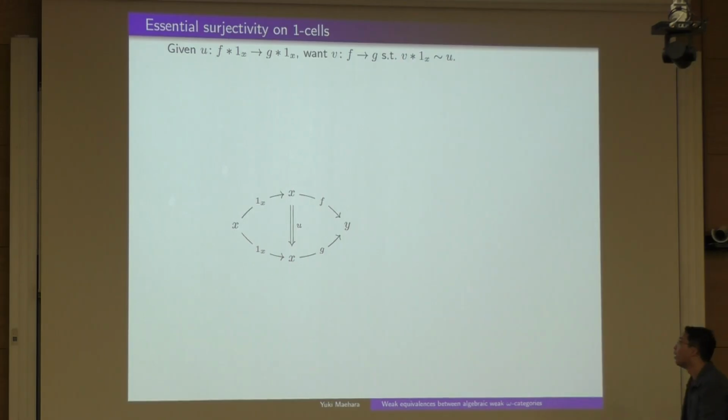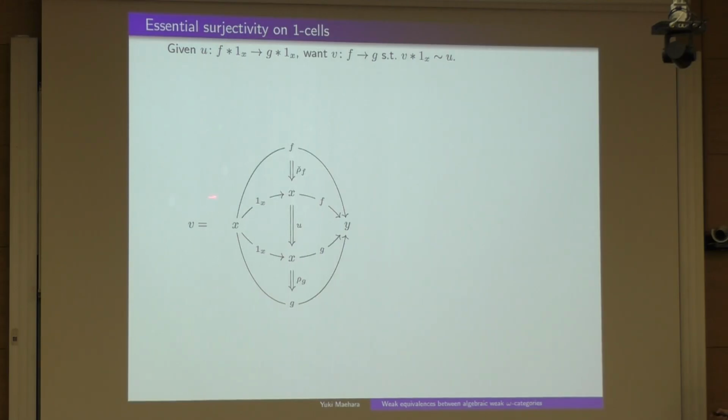So what do we do? We have this thing pointing from the identity F to the identity G. But we have these witnesses to the unit law, so we can just compose with these things. That is a reasonable candidate for what this V is.